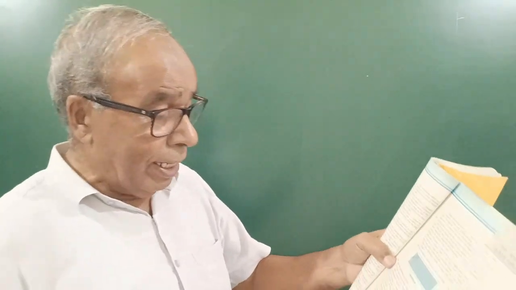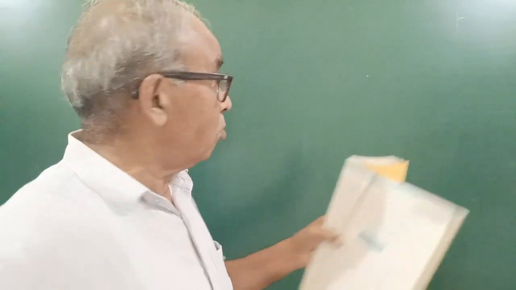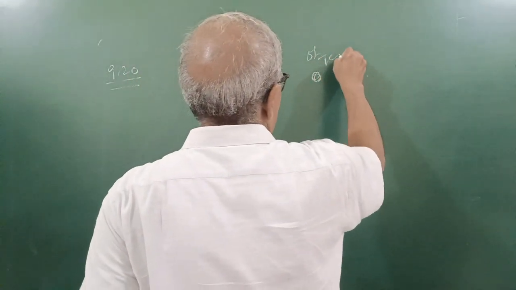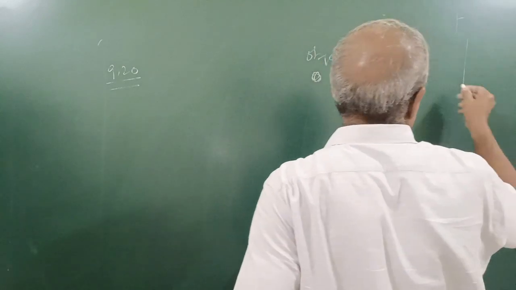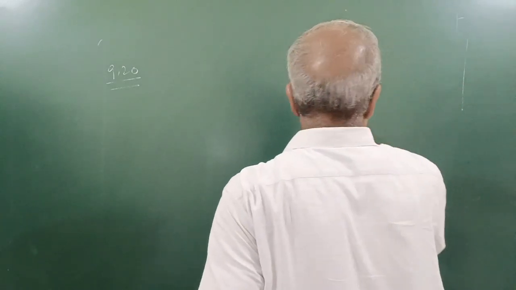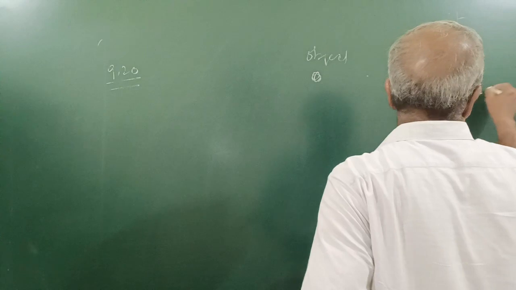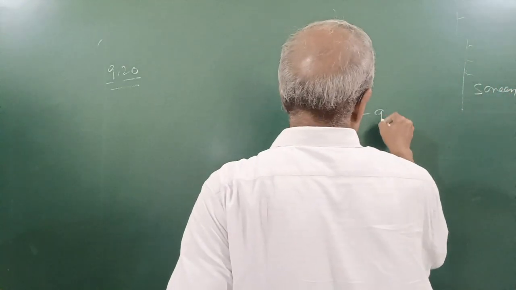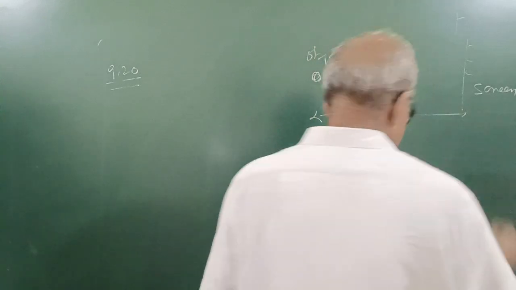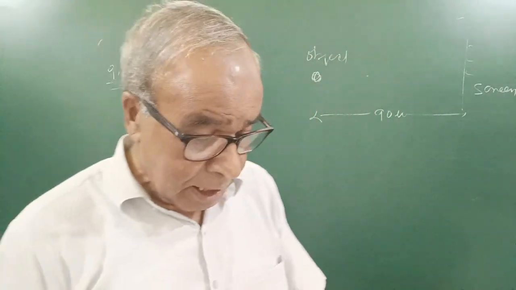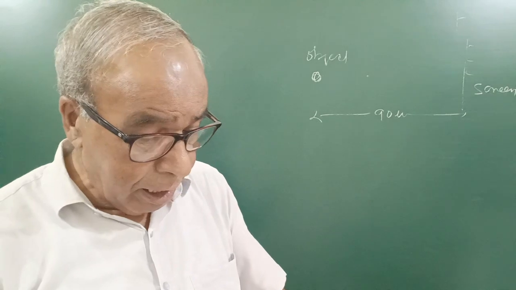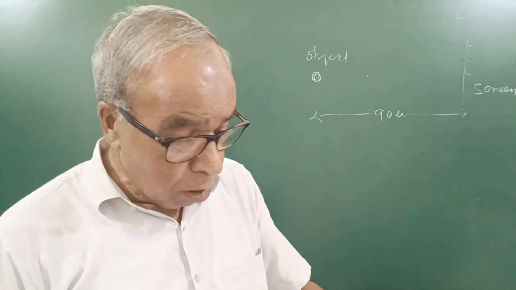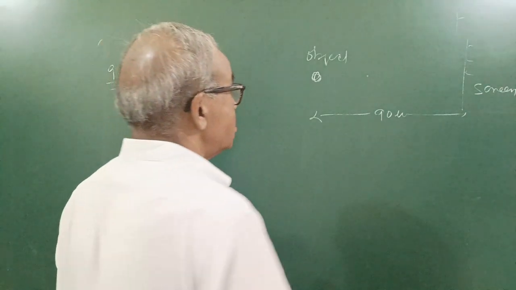A screen is 90 centimeter from the object. Here is the object, and there is a screen, distance 90 centimeter. The image of the object on the screen is formed by a lens in two different locations separated by 20 centimeter.